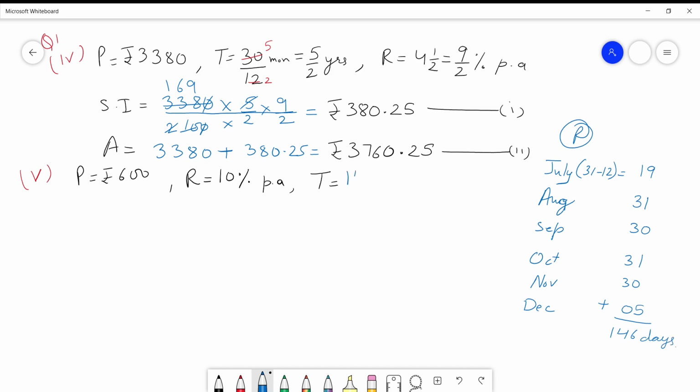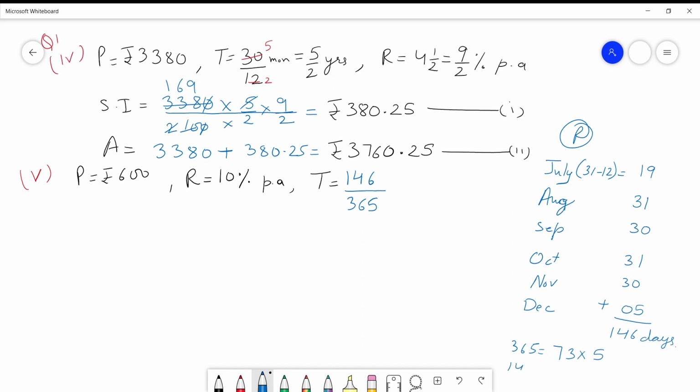Now to convert the 146 days, we'll divide it with the 365. As you know, there are 365 days in a year. One more interesting thing is that there are two factors of 365, that is 73 and 5.